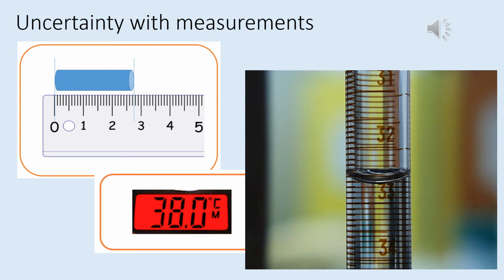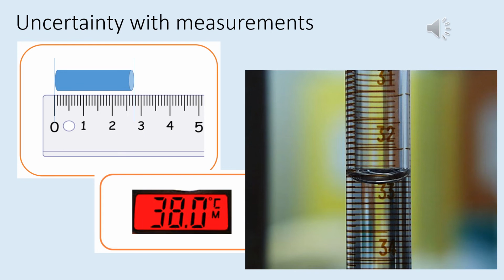Likewise, in this picture of a ruler, what typically we think is that if I measure something, I can measure to halfway between 2 of the ticks, so in a ruler that would be a half a millimeter. But we have to remember that we could have not completely aligned correctly on the 0 side, because we need to align the 0 side and the other side.